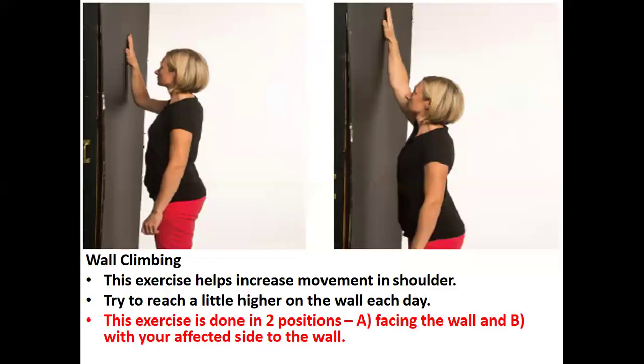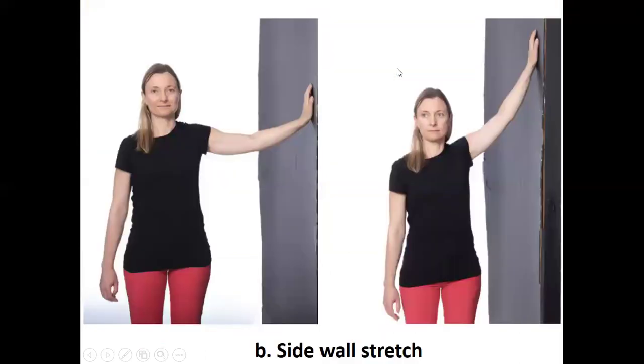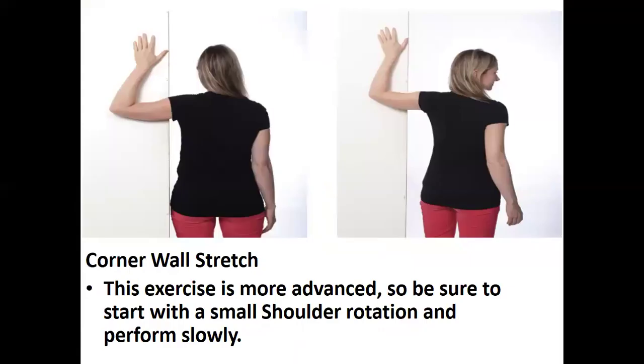They can stand against the door and move the hand from there to touch the top of the shoulder. So all these exercises can be done to increase range of motion of the shoulder.